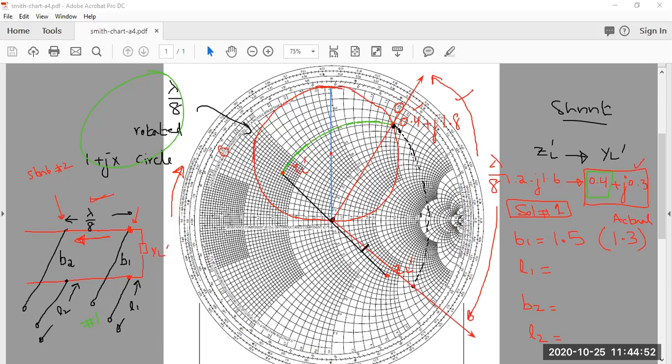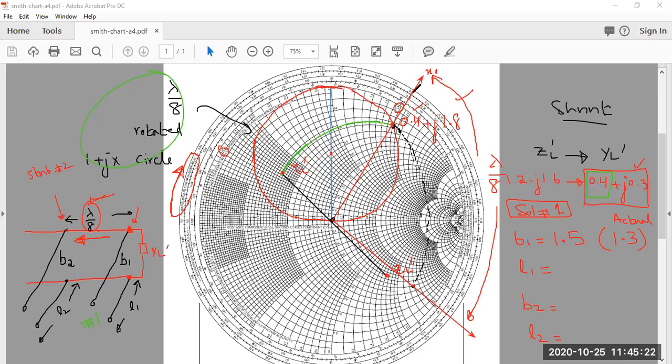This is one method. The other method is, you started at this point, so first you need to find your location. You are using the wavelengths towards generator scale, so you need to find what this point is. If I use this one, it is almost 0.17, but let me call it x1. Right now you are at this point. How much distance do I have to travel? A distance of lambda by 8.